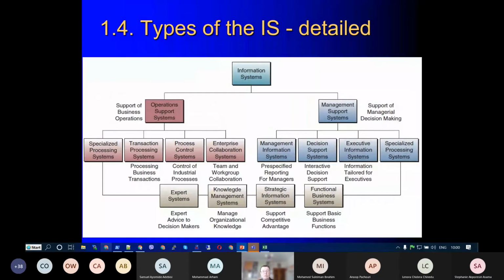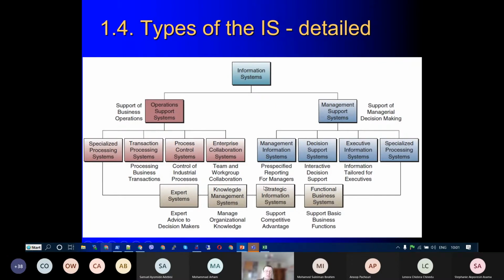And to finalize the question related to types of information systems, here are a few charts which summarize different types of information systems in relationship to different areas of activities. First of all, we can split them into two major groups: operational support and management support. Under operations, we already have transaction processing systems, which were already discussed, but we also have more systems like collaboration systems or process control systems.